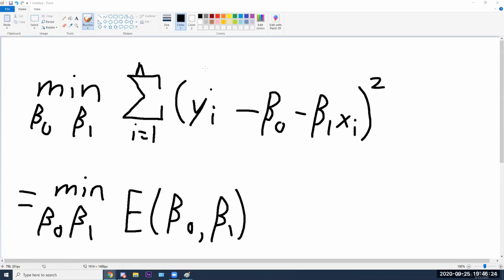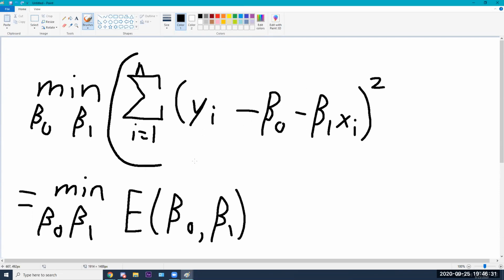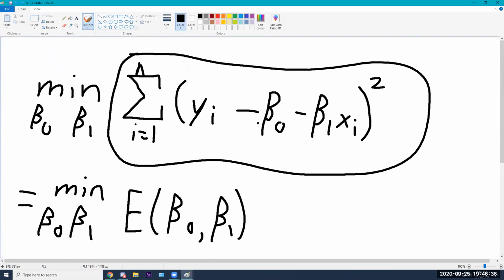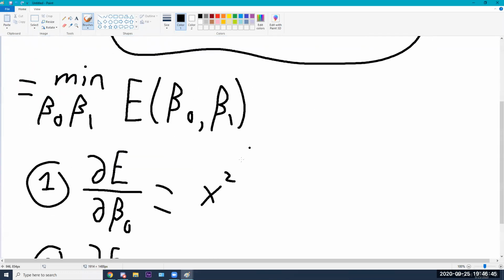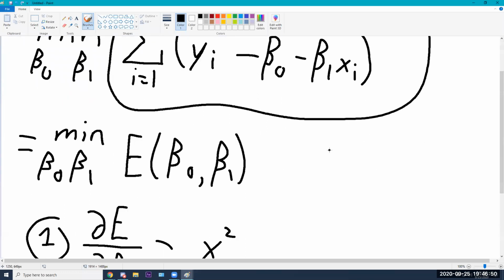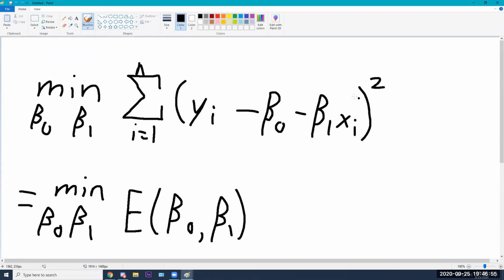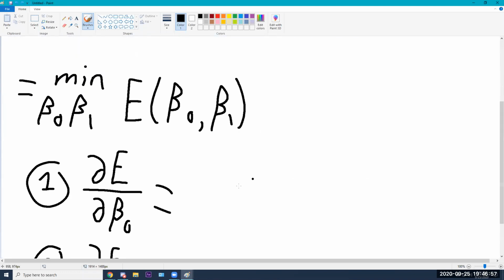And so how would you take this derivative here? The derivative of this with respect to beta naught. Well, to make it simpler, this kind of looks like the function x squared. And so if you remember the chain rule, all you have to do is put this 2 in the front.